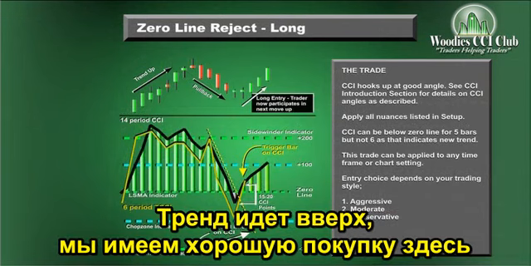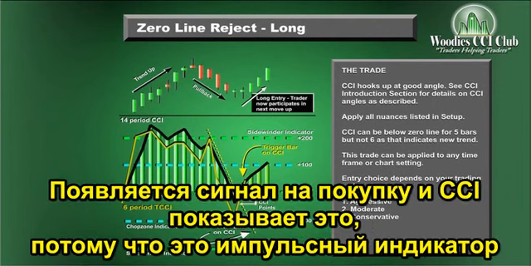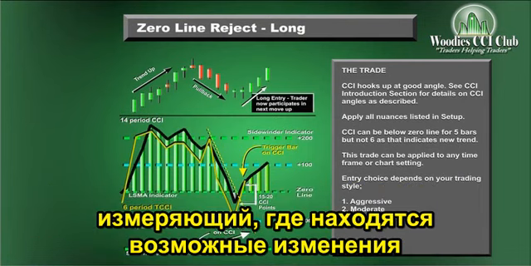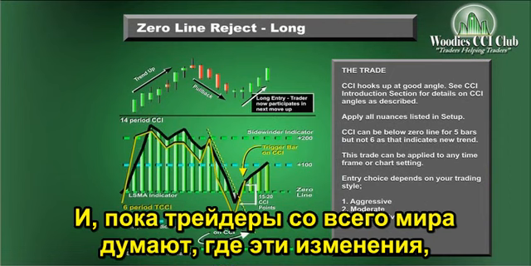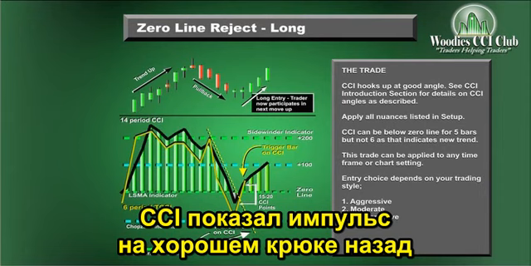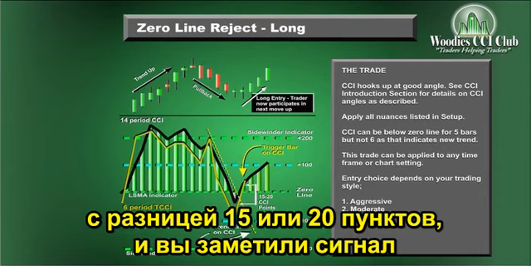Trend was up. We had buying the dip here. Buying started to come in. The CCI picks it up because it's a momentum indicator measuring what the herd mentality is. Herd being what the traders around the world are thinking. And the CCI picks that up with a good hook back, 15 to 20 CCI points.